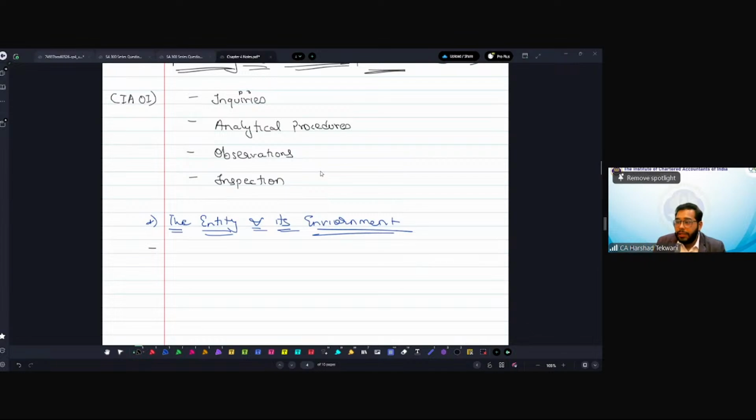One is the relevant industry and regulatory application. For example, industry law, regulatory law, which are applicable to the company.